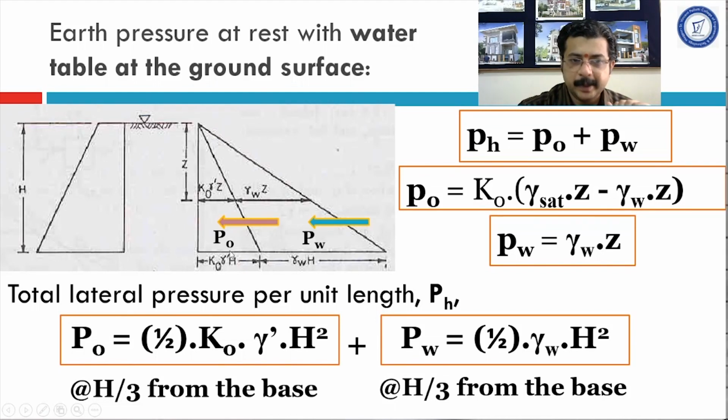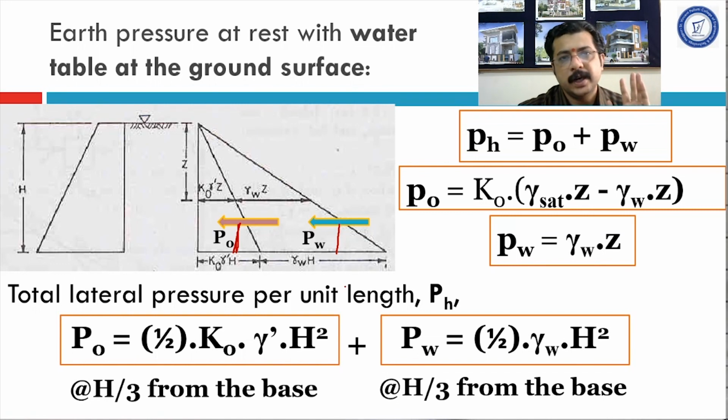So this is capital P0, this is due to the submerged unit weight of the soil, and this will be the direction of lateral earth pressure. So this vertical distance is going to be h/3 from the base. Similarly, for pressure due to water, this height is going to be h/3 from the base.